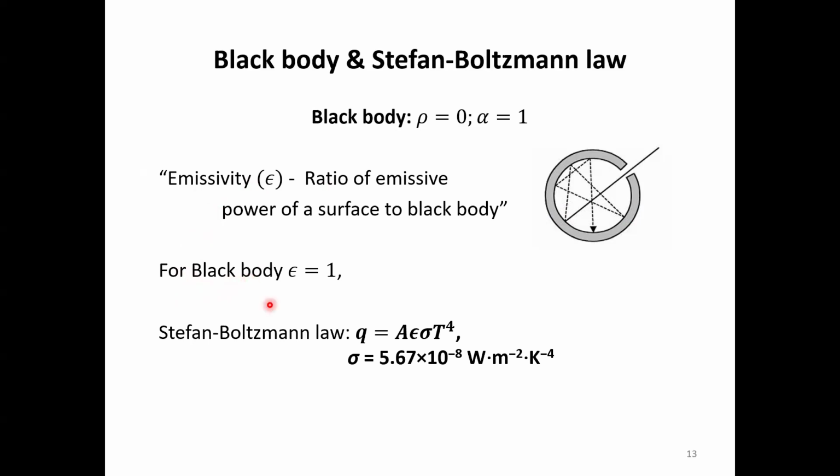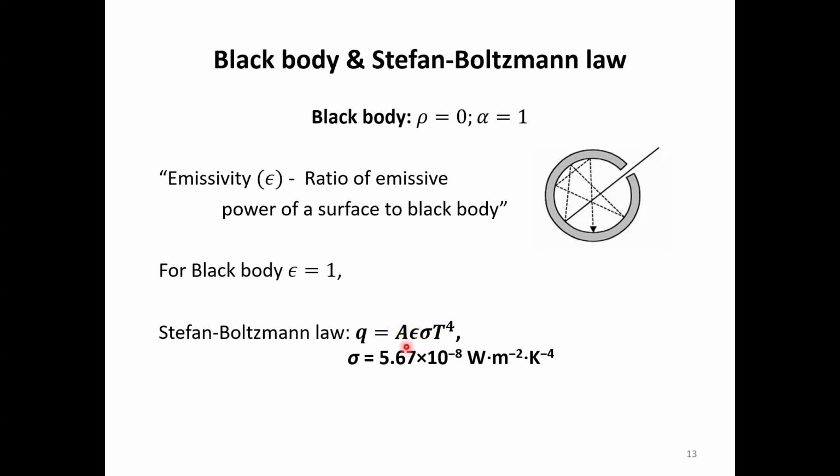Knowing this, there is a law called Stefan-Boltzmann's law, using which you can calculate the rate of heat transfer via radiation, which is given by A epsilon sigma T to the power 4. T is the temperature of the surface for which I would want to know its emissive power, or the heat transfer rate via radiation.